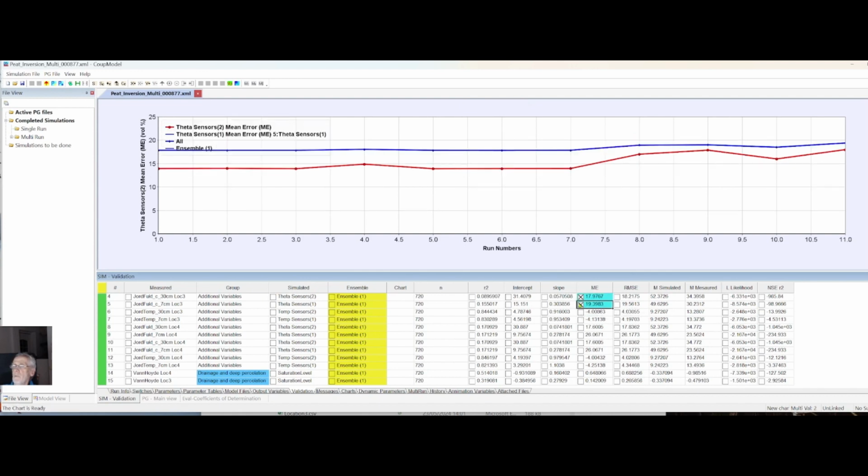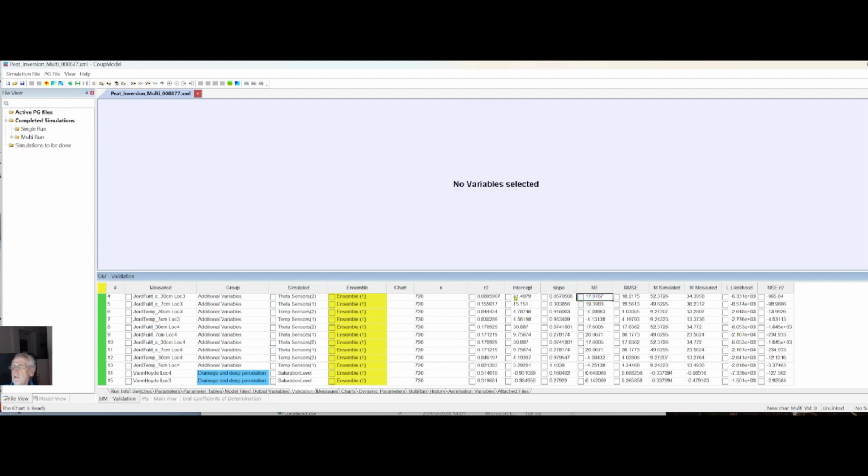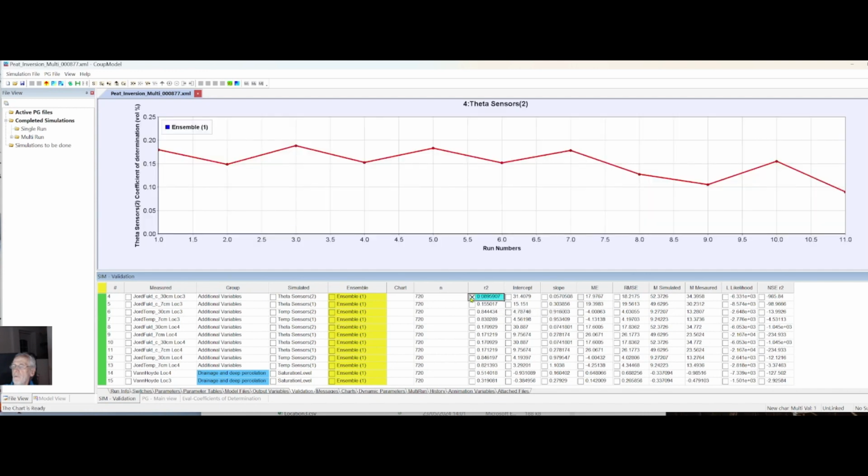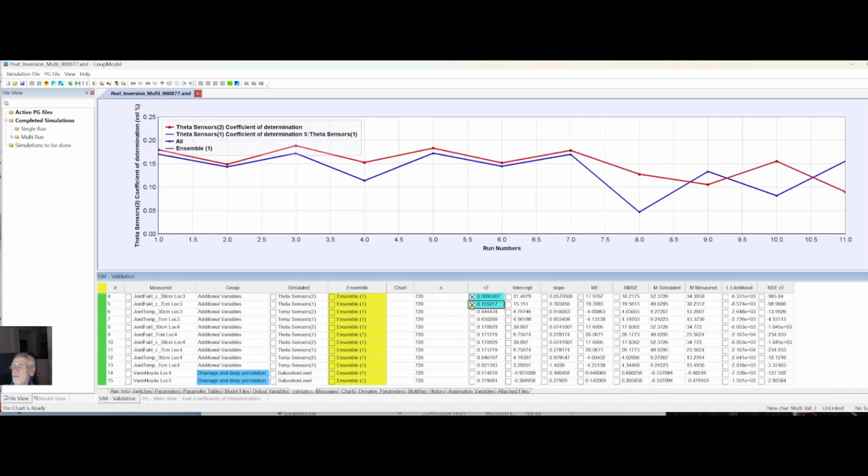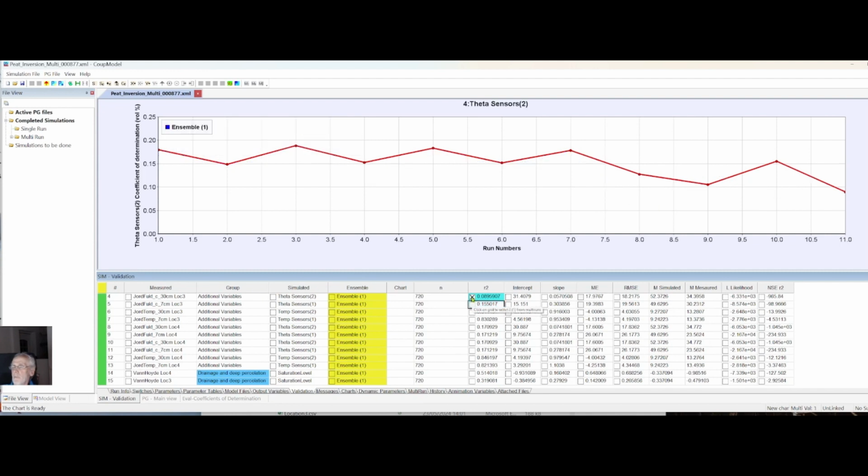Here it's even more. It's up to 20% more than what we simulated. And the R squared was very low. So this is not something that we could be happy about.